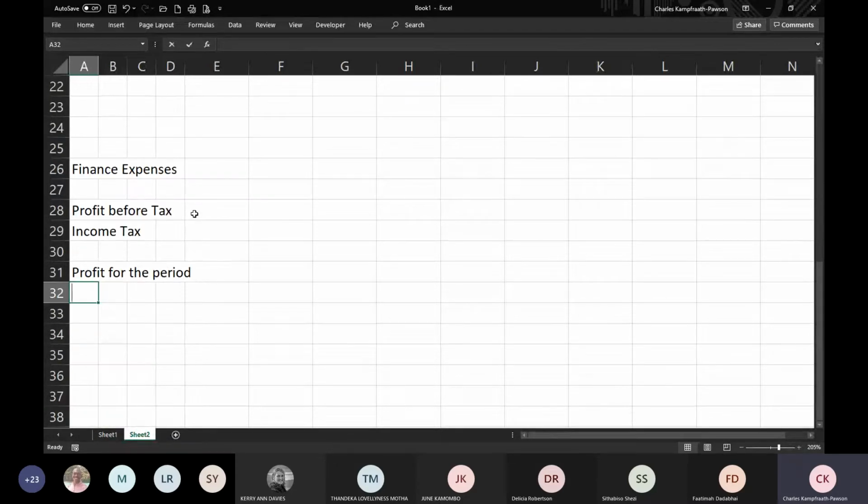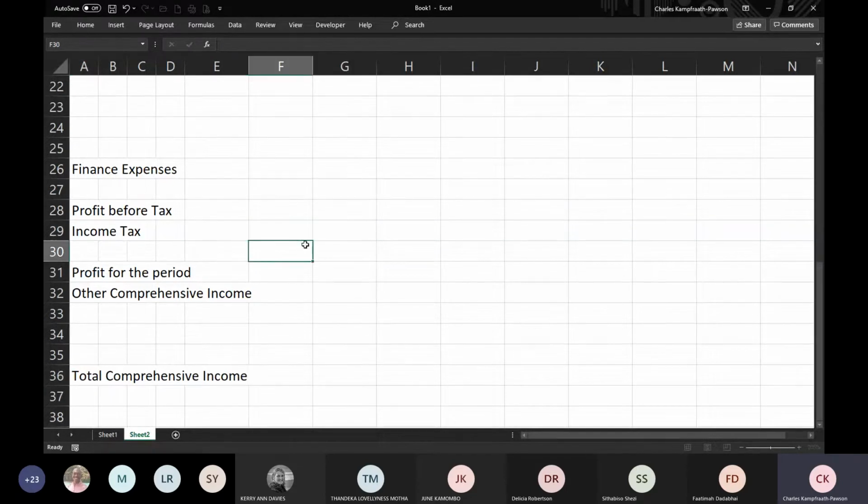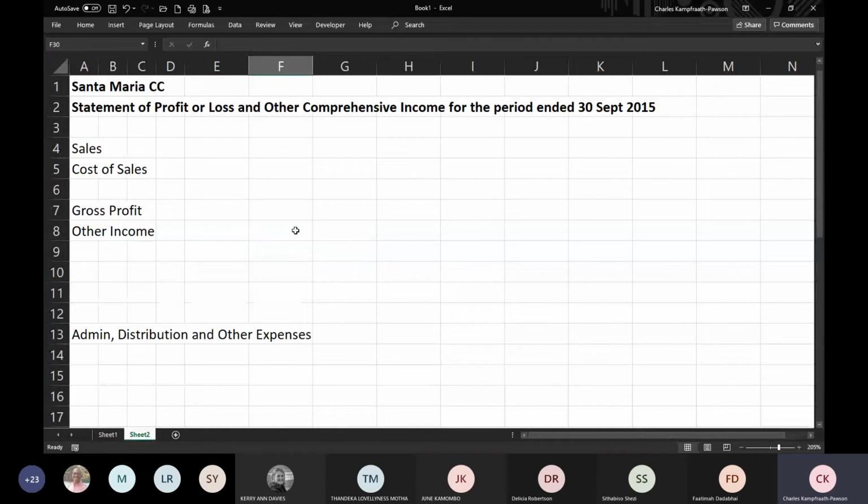Then you will have other comprehensive income. You say 3-4 lines open, and then you will have total comprehensive income. And that is how you should know the layout of your statements, because it immediately tells you where your information will have to go to.